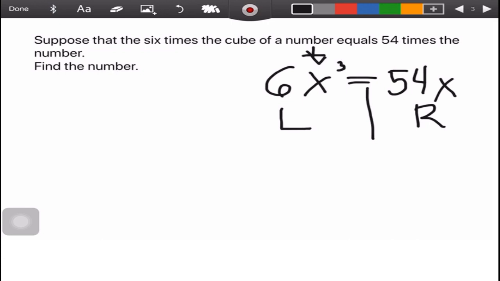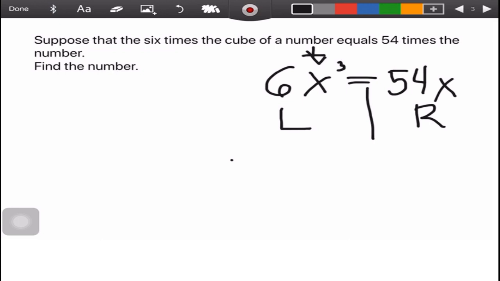We can use the properties of equality, but it is a long process. So I will teach you a shortcut. This method is called transposition, where we transpose a term in one side and transfer it to the other side. In this case, we will transfer 54x from the right side and put it in the left side.